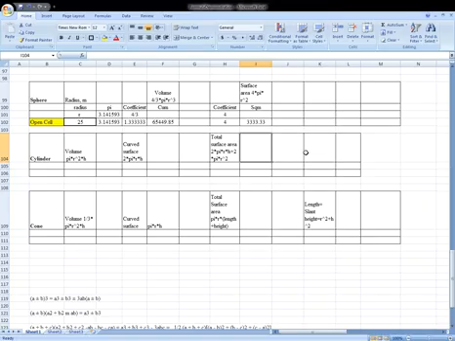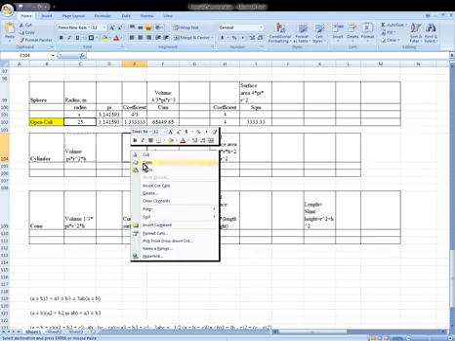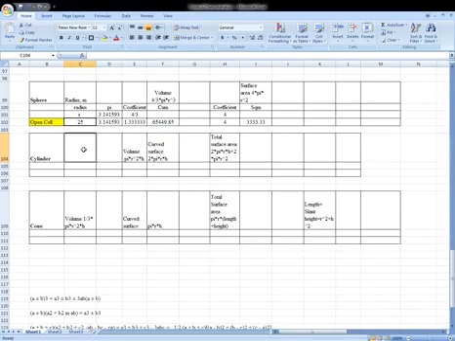So we have to put this in order. We bring it here, no problem. Volume you can cut here and put here. There is space here for radius and pi.